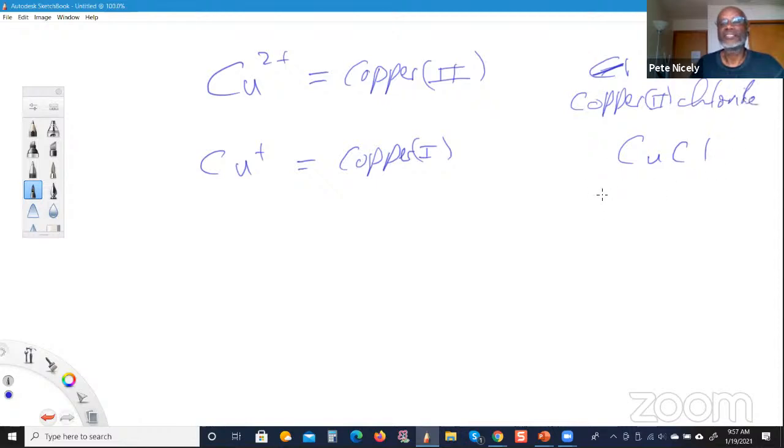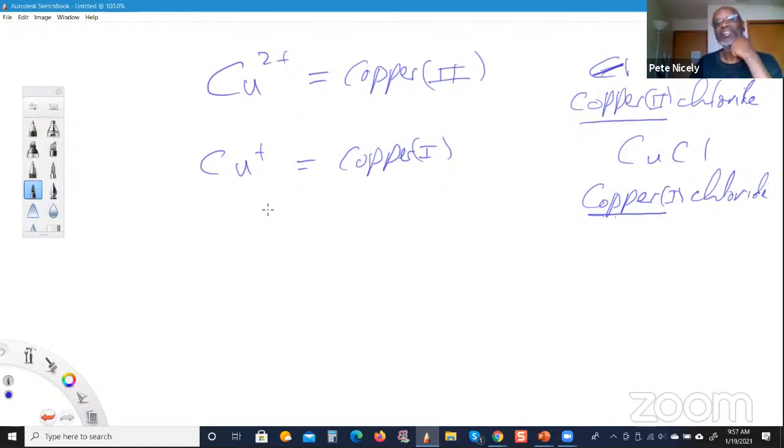And the name of this one is copper(I) chloride, all right? So according to IUPAC, if you have elements that can form different types of ions of different charges, then you need to indicate the type of charge using Roman numerals in parentheses, all right?